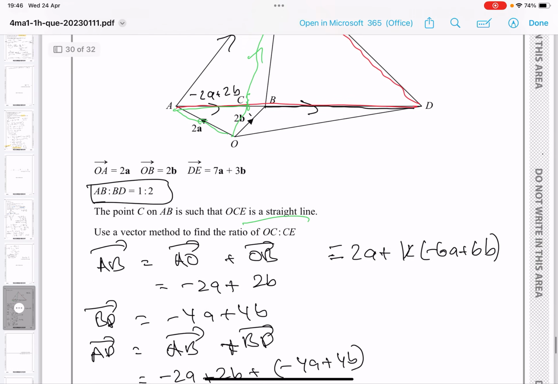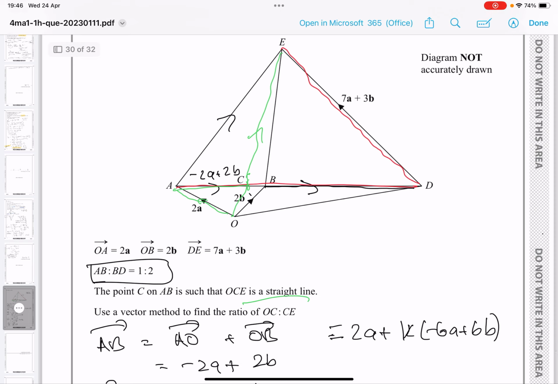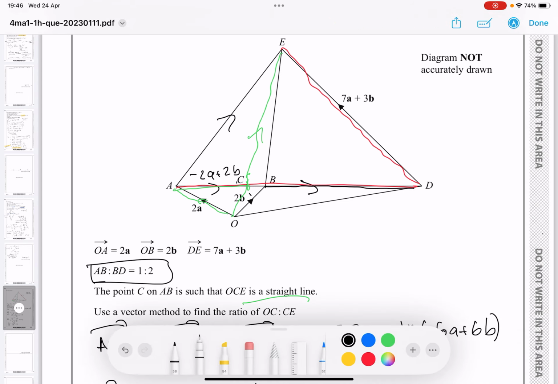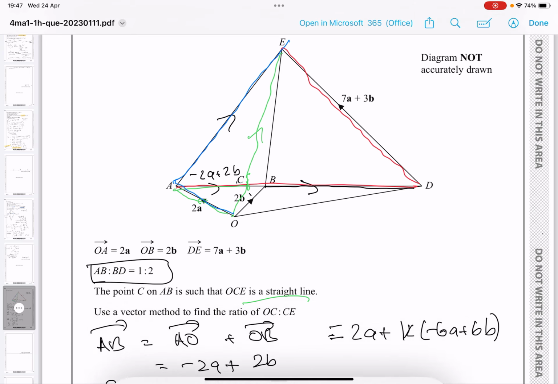Now CE. How do we work out CE? I think the best way to work out CE is first working out OE, because we can work out OE without using k or anything. OE is going to be OA plus AE, and AE we've just worked out.